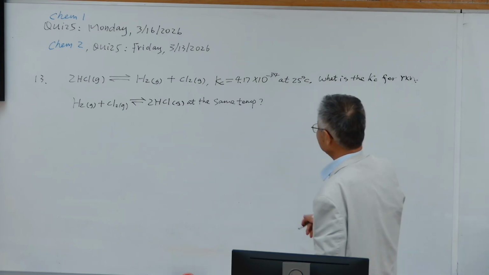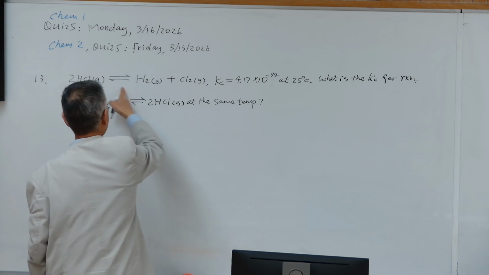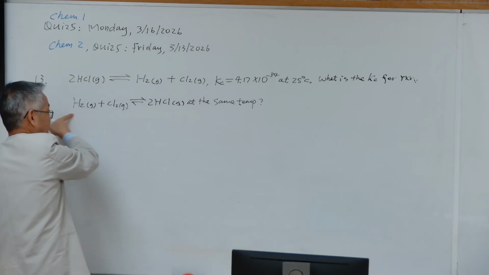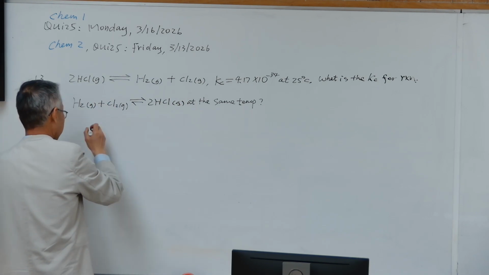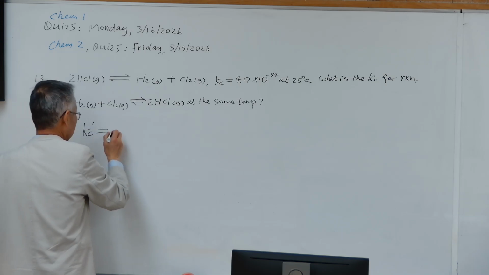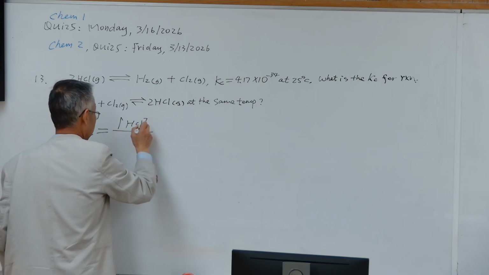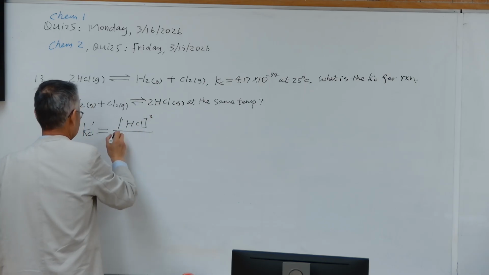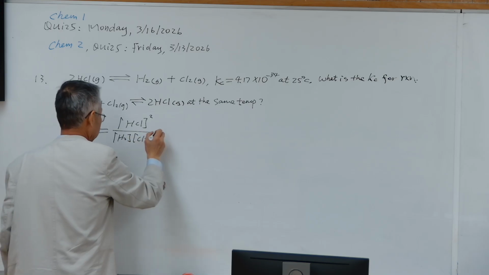Kc equals this number for the forward reaction. This is the reverse reaction, right? So for this reaction, we will label it Kc prime, equal to HCl raised to second power divided by H2 and Cl2, right?